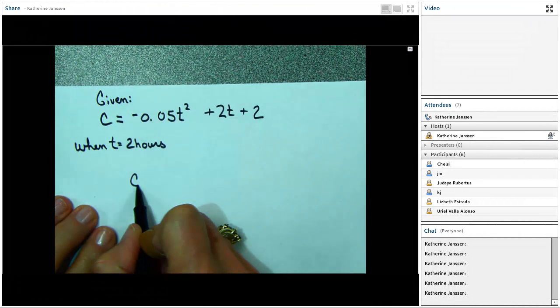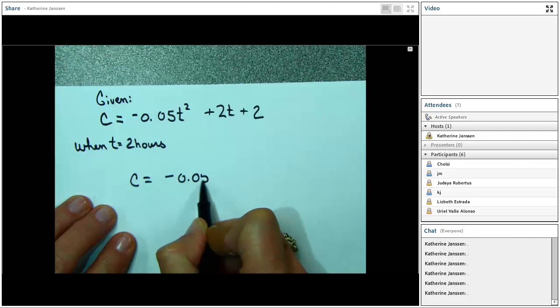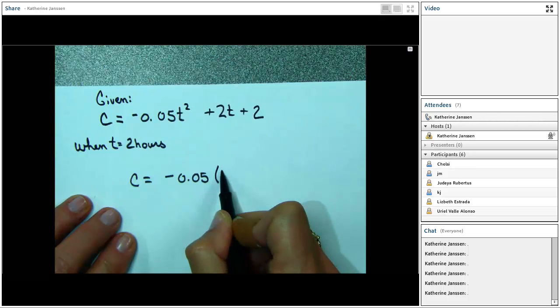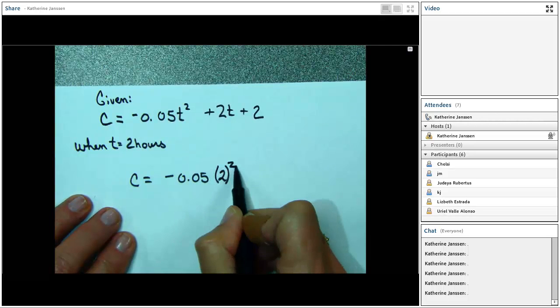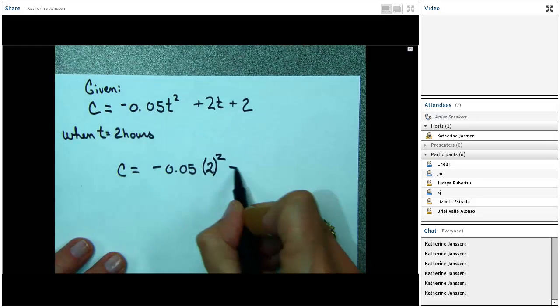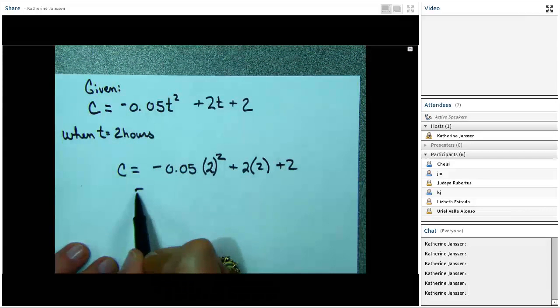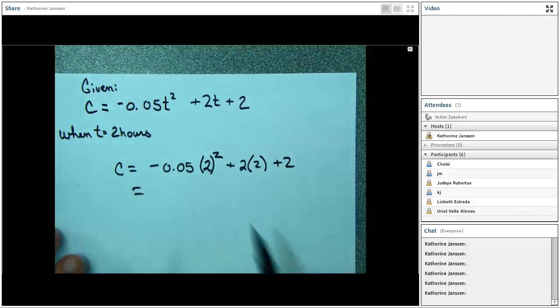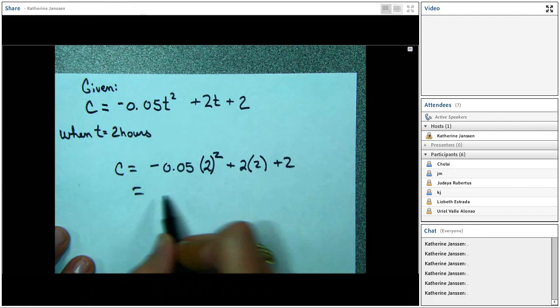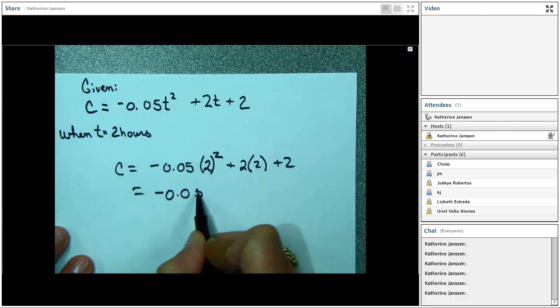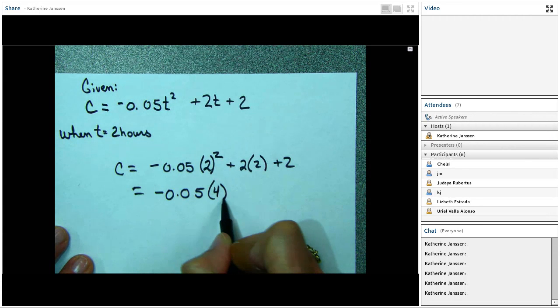So we're substituting. For every occurrence of t, I'm going to substitute 2, but copy everything else down the same. Exponents: 2 times 2 is 4.